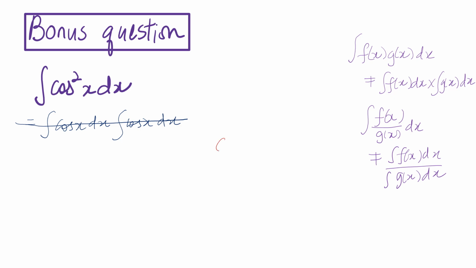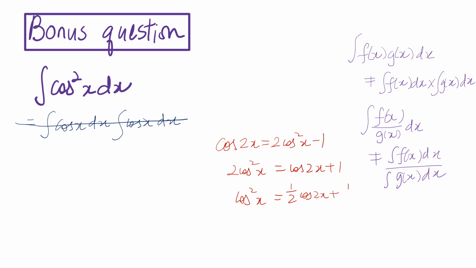Okay, and one of them is our double angle. Our cos 2x can be written as 2 cos square x minus 1, right? So 2 cos square x will just give me cos 2x plus 1. So therefore, cos square x is actually the same as half cos 2x plus half.